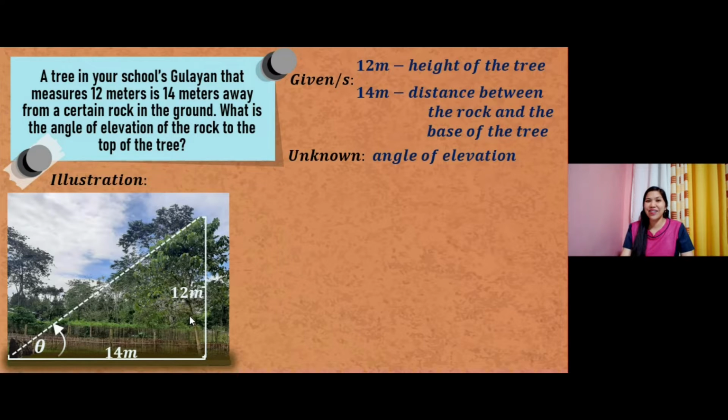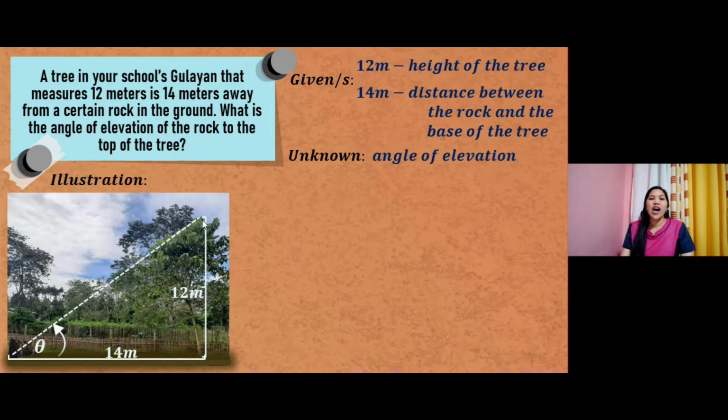Okay, that is your opposite side for 12 m, and we have 14 m as our adjacent side. Opposite and adjacent. Therefore, what ratio is applicable based on the review that we had earlier? That is your, okay, tangent ratio.